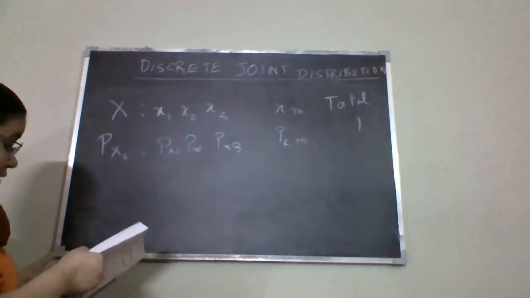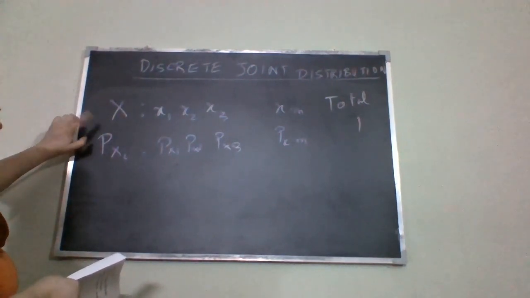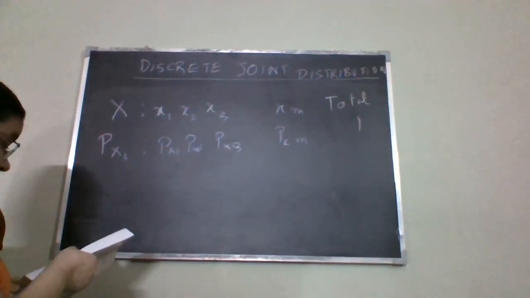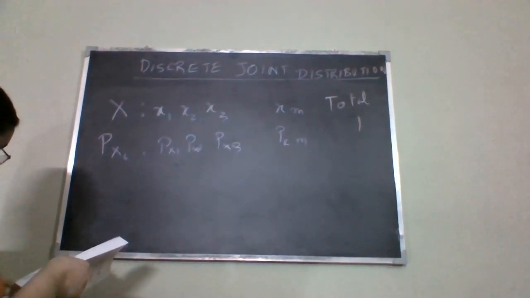This distribution is called the marginal distribution of capital X in the above joint distribution.